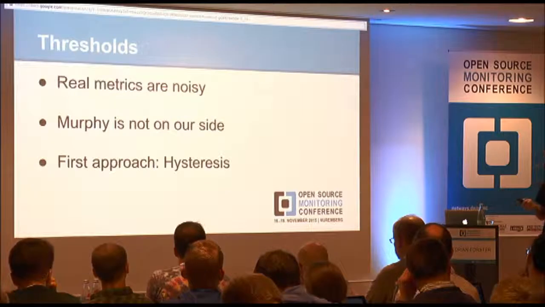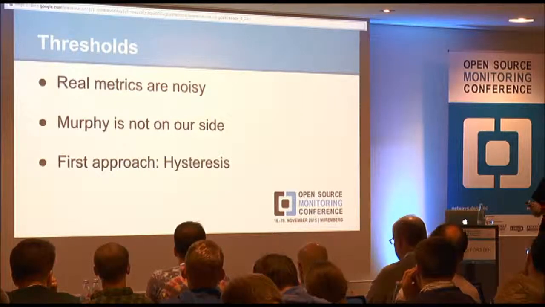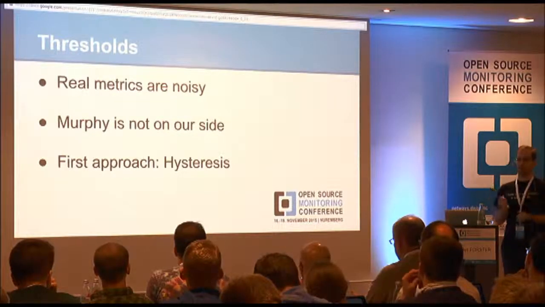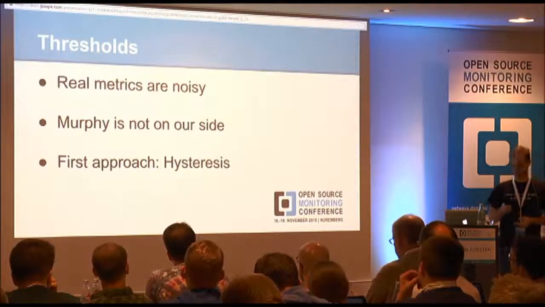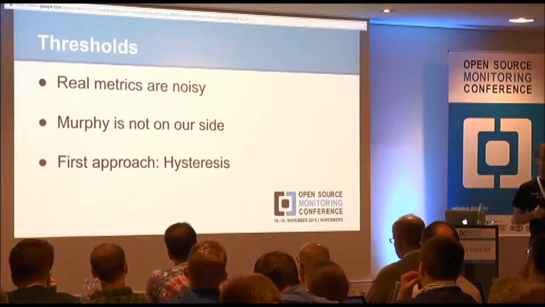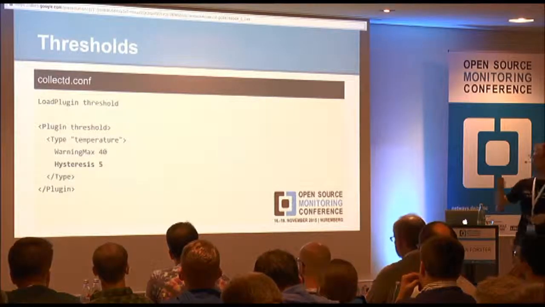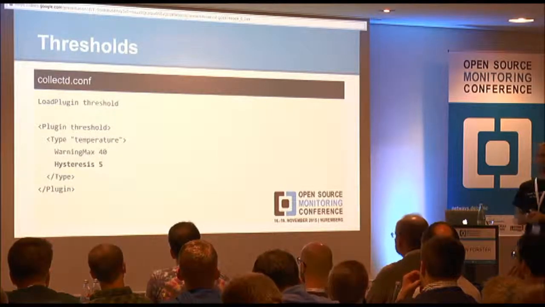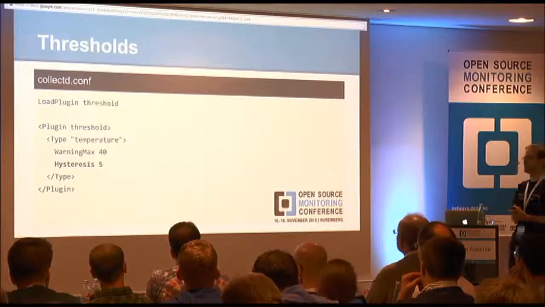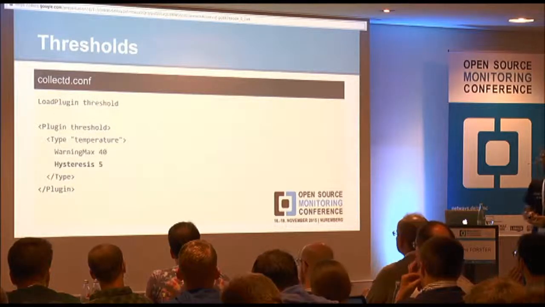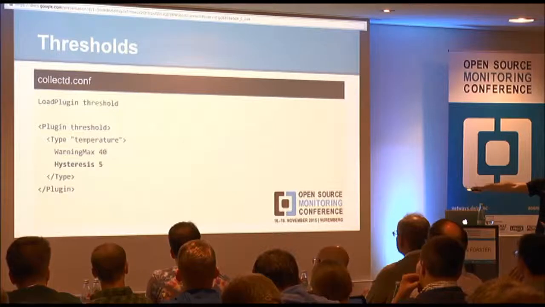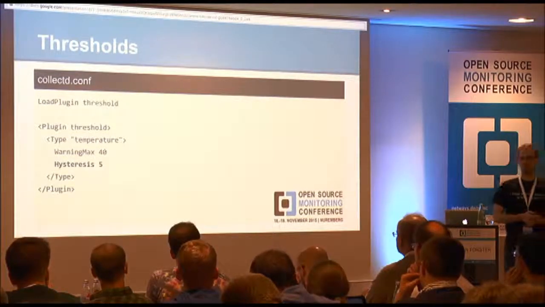The first approach we had is to add a hysteresis. So instead of a hard threshold line, you have kind of a band. This is how you configure a hysteresis in the threshold plugin: in addition to warning max 4, you add hysteresis 5.